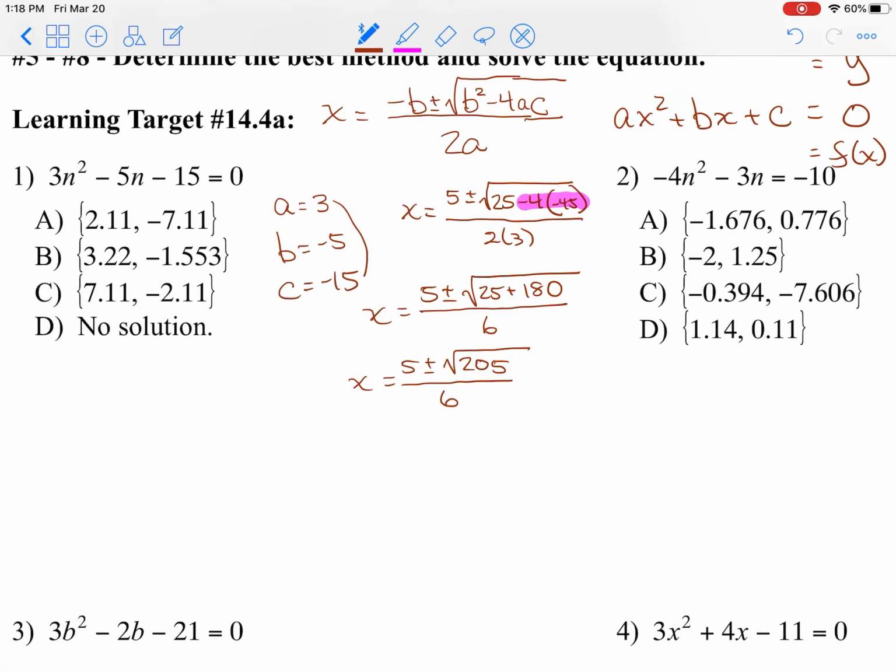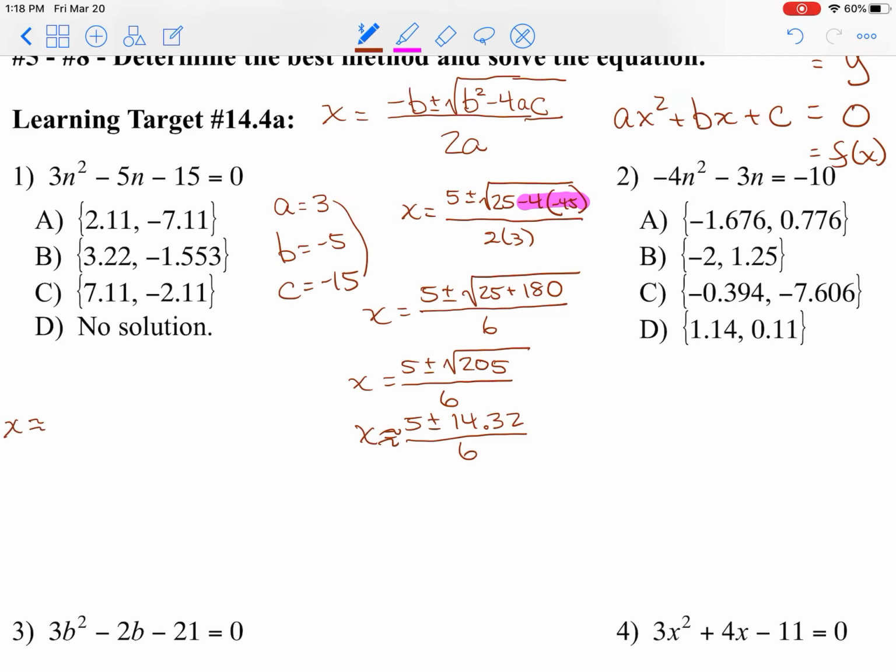And that's about 14.32. So x equals 5 plus or minus 14.32. And because I estimated, I need to change my equals to a squiggly equals, approximately equals.